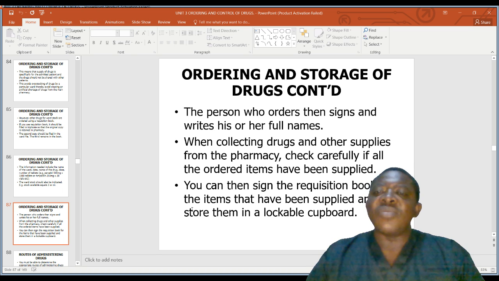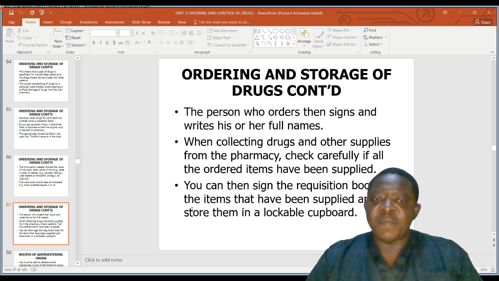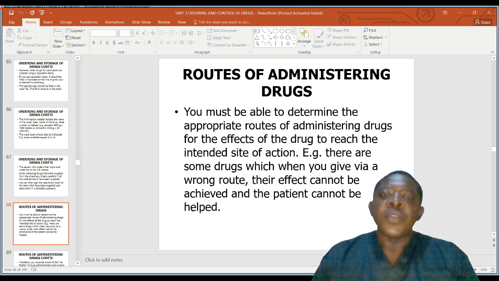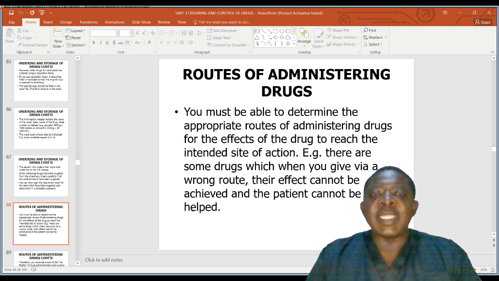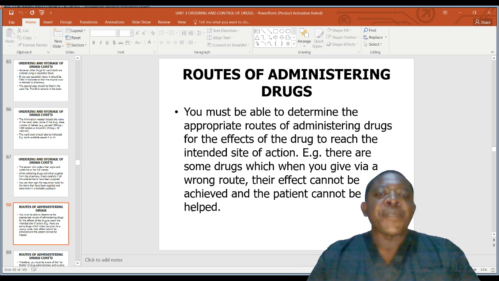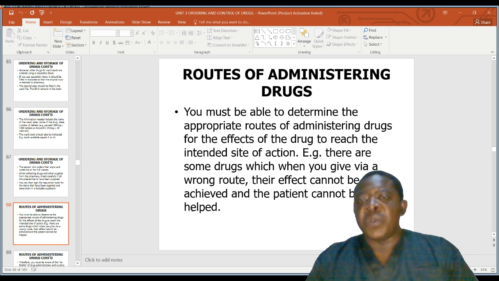When collecting the drugs and other supplies from the pharmacy, you should check carefully if all the ordered items have been supplied. You can then sign the requisition book for the items that have been supplied and store them in a lockable cupboard. You must be able to determine the appropriate routes of administration of drugs for the effects of the drug to reach the intended site of action.